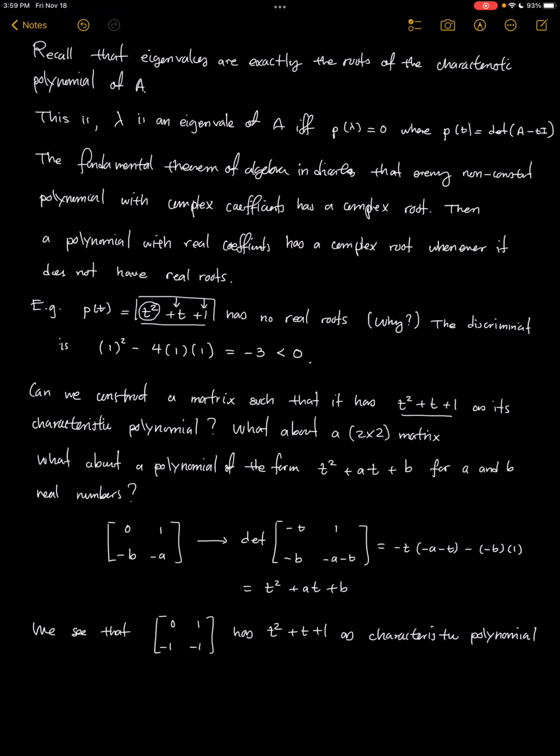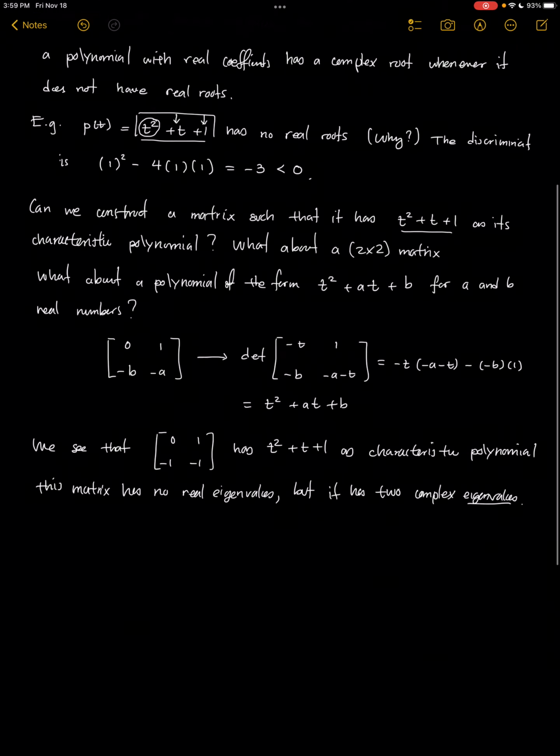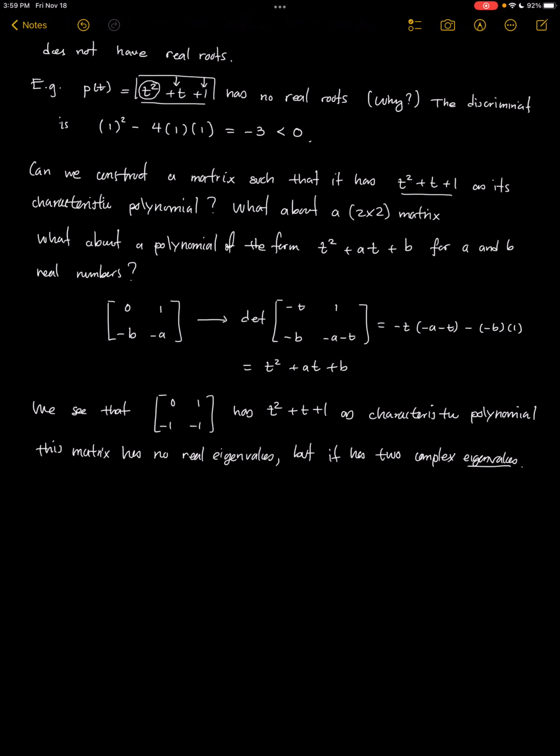Moreover, this matrix has no real eigenvalues, but it has two complex eigenvalues. And where do they come from? Well, they come as a solution in the complex setting of the roots of this polynomial.